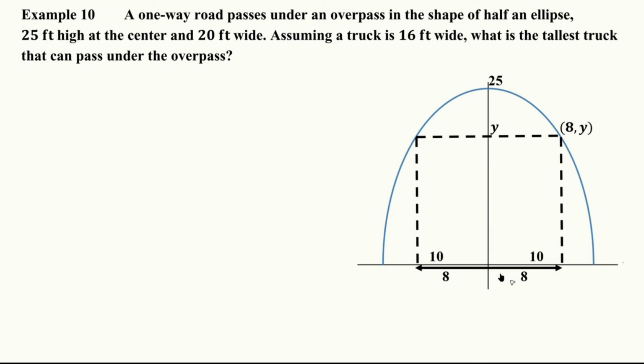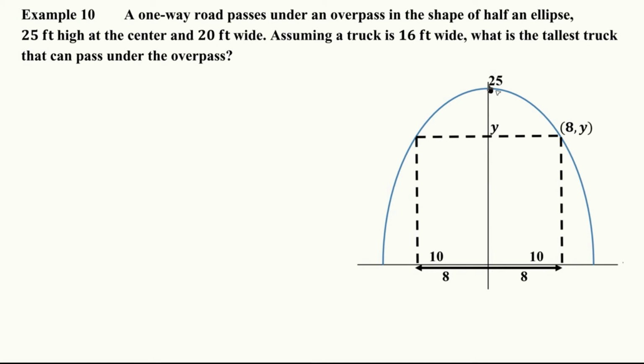Now, this can be handled very easily if we position this overpass properly so that the center here is also the center of the Cartesian coordinate plane. So this point becomes 0, 0, and this becomes the y-axis.